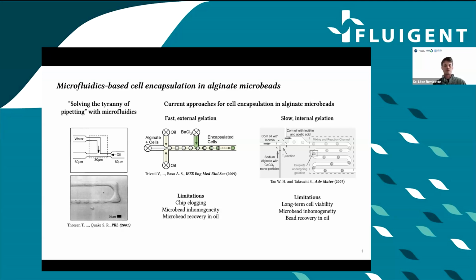For instance, if we drop the pH, we can release calcium from EDTA and cross-link the microbeads from the inside, which leads to homogeneous reticulation, but is usually associated with quite harsh conditions for the cells. It does not allow long-term cell culture inside the microbeads, and it's associated with very low viability.